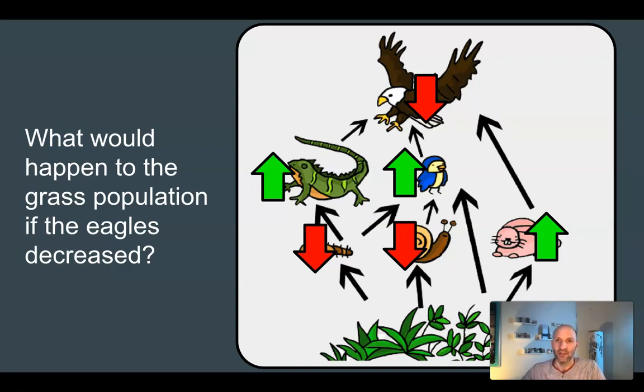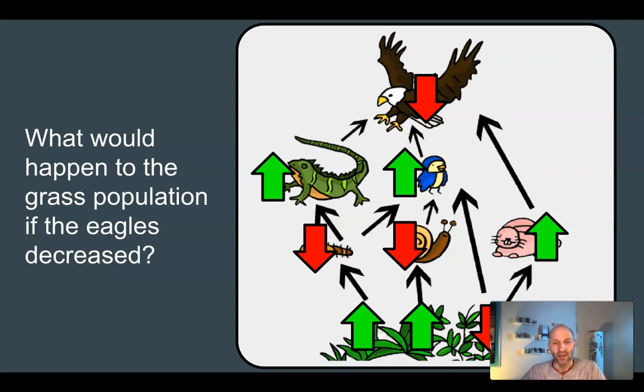Now I'm stuck in a tricky situation where I have fewer caterpillars, fewer snails, but more rabbits. If I'm thinking about predators, well then I would have more grass because there's less caterpillars and snails eating the grass. But I would also have less grass because there's more birds and more rabbits eating the grass.